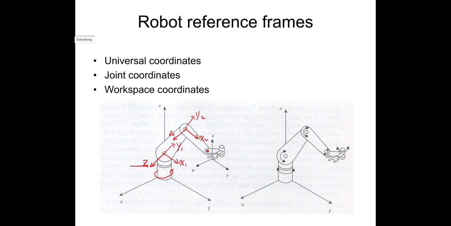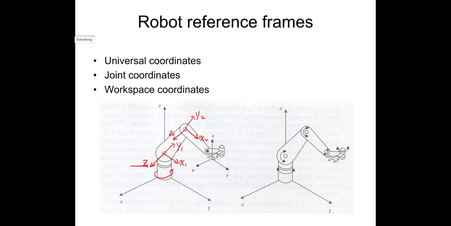So we have 1, 2, 3, 4. Actually, we have four joints in this robotic arm. For the base revolute joint, we use the universal coordinates, which are the world coordinates. Then for the second revolute joint, we define a joint coordinate, and here we have a joint coordinate, and here another.